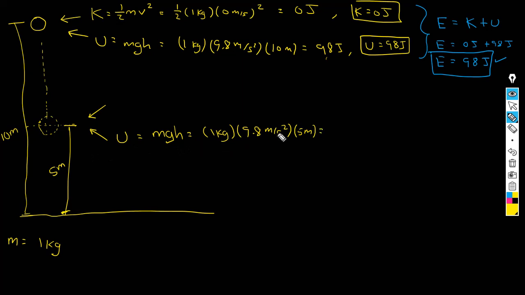So calculate this value, please. You're going to get 49 joules. So at this precise point, we have a potential energy of 49 joules.